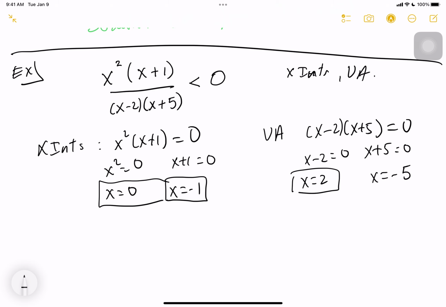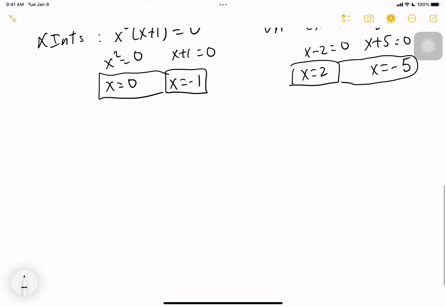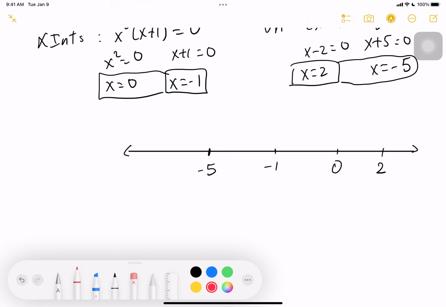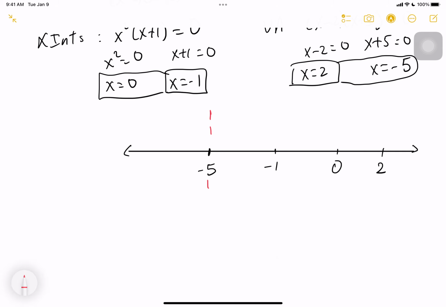So this graph right here has 4 boundary values at 0, negative 1, 2, and negative 5. And so what we do is we insert all of these boundary values on a number line. And we use that to create our sign chart by splitting the number line up into pieces.